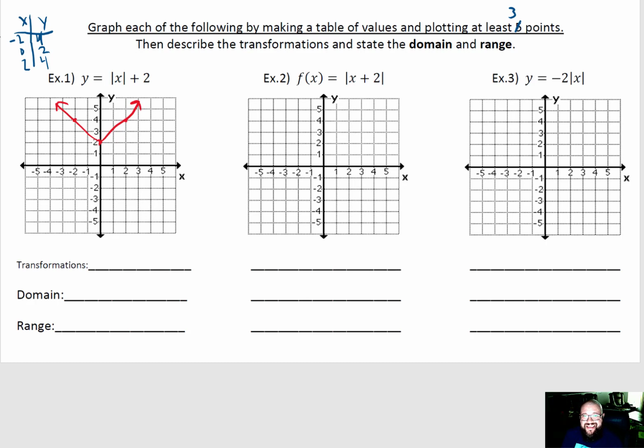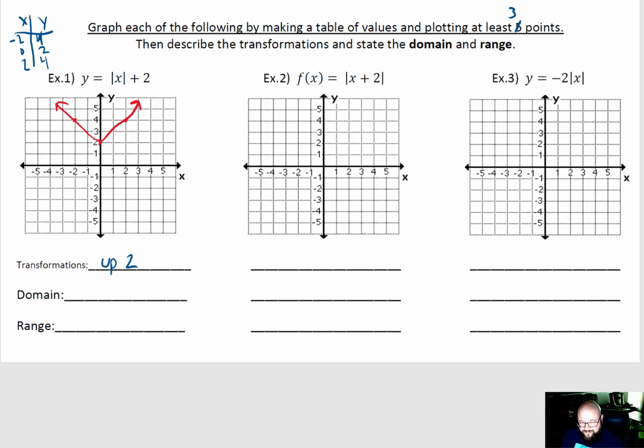Alright, so as you can see, that actually moved the center up 2 units. So if it's outside of the absolute value brackets, it's going to move it vertically, up and down, right? So in this case, we went up 2, so our transformation, so I'm just going to write up 2.